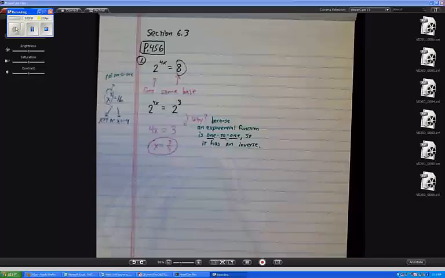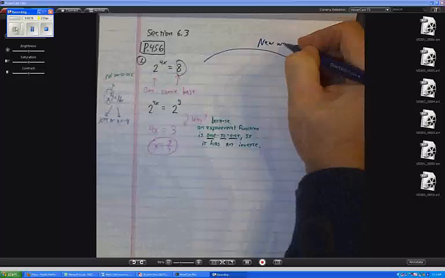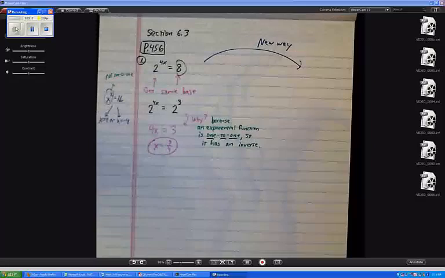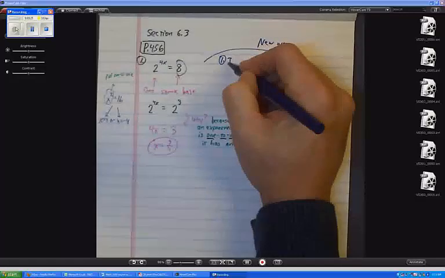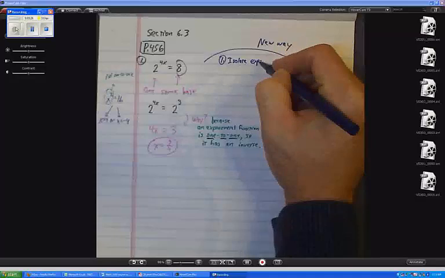Okay? So, here's a kind of an instant replay, the new way. Okay? The new way, step 1, isolate the exponential function.